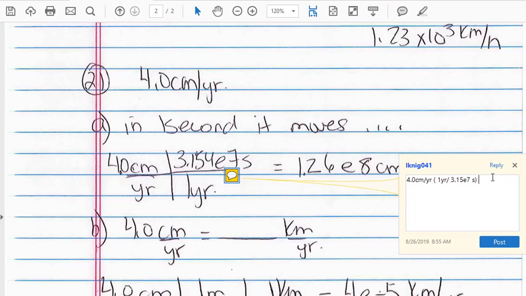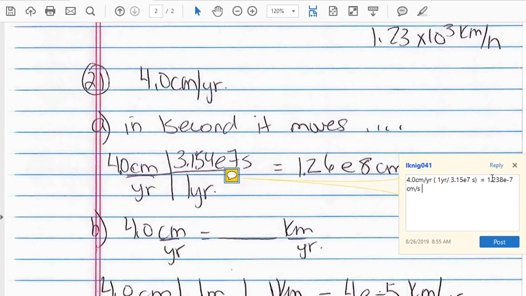So if I do that, then my new speed is going to be 4 divided by 3.154 e to the 7, which is 1.268 e to the negative 7 centimeters per second.